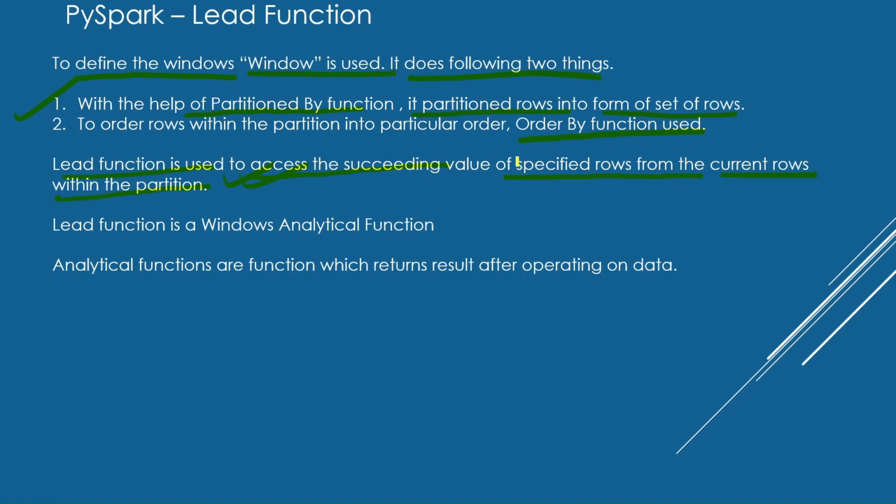It fetches the succeeding values of a specified row from the current row within the partition. So this is a window analytical function, and a window analytical function returns the result after operating on data.